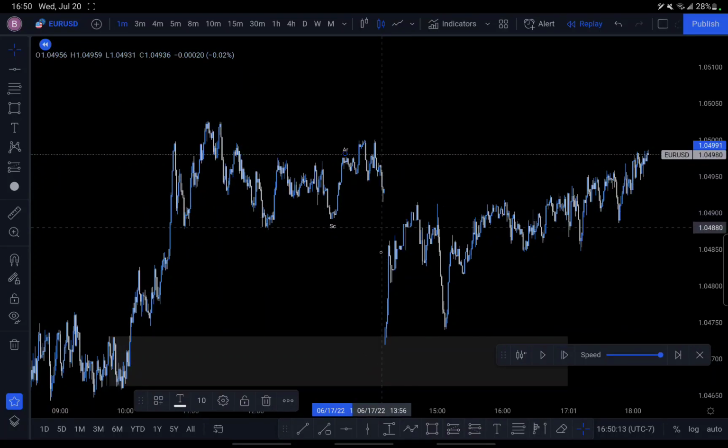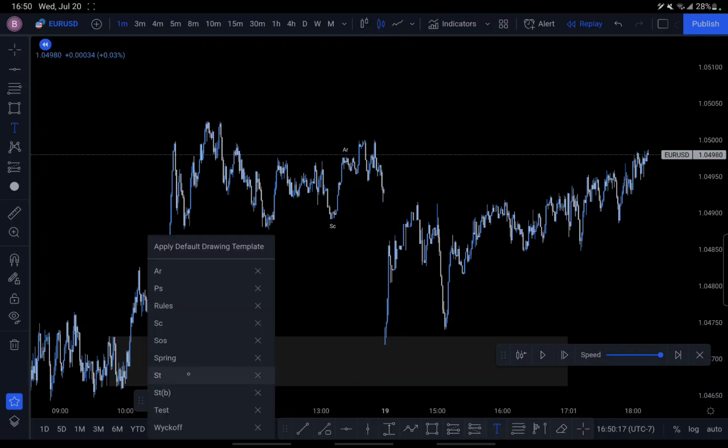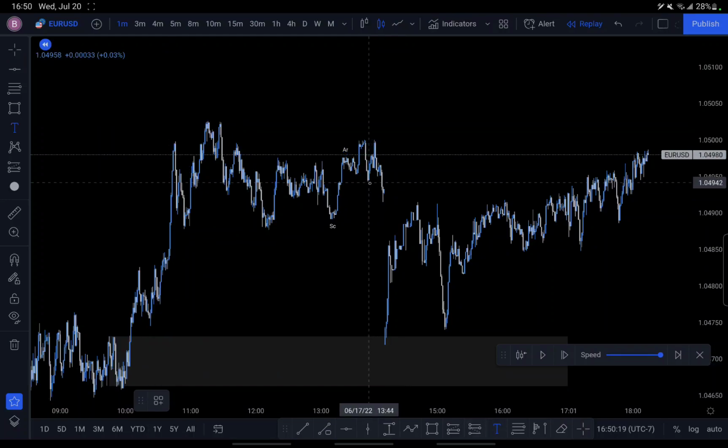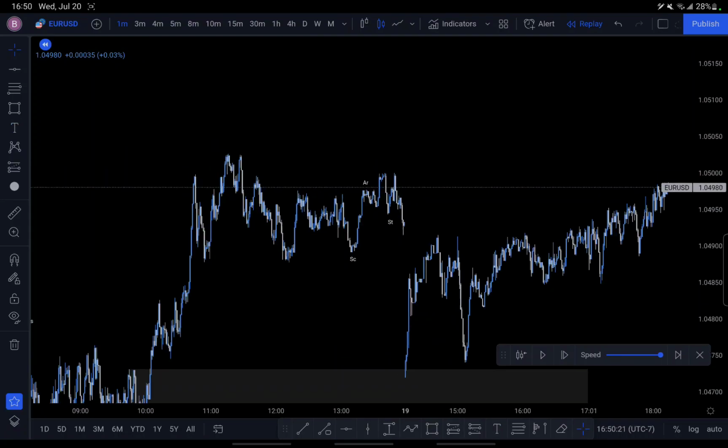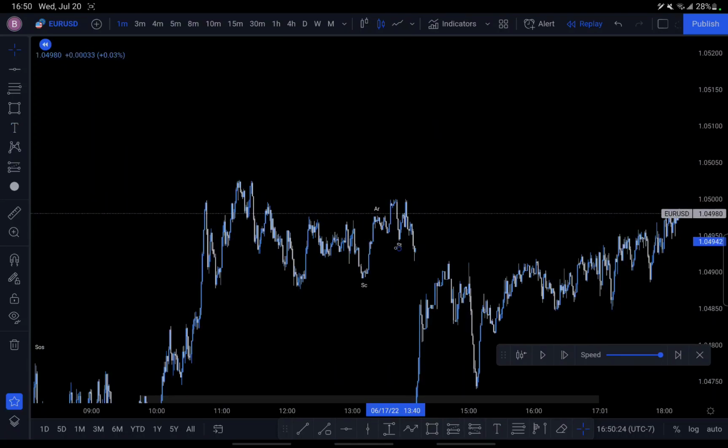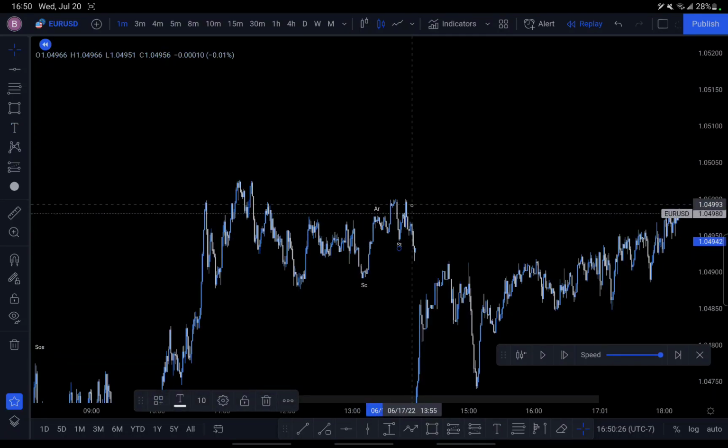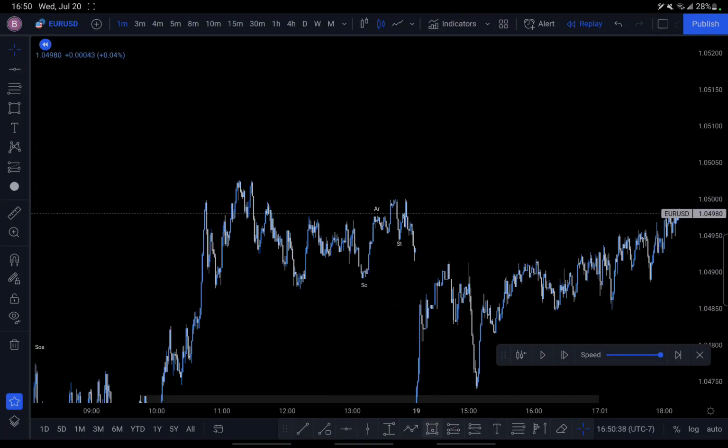Okay, secondary test, maybe right here. Okay, secondary test, testing some of this demand in here, taking price up before breaking, or let's see, maybe our secondary test here or here, doesn't really matter. Break structure, creating our sign of strength.